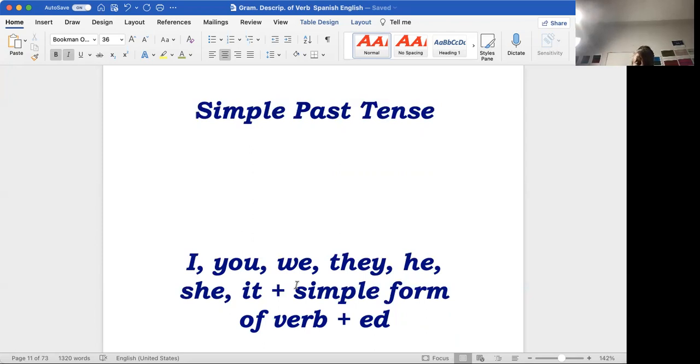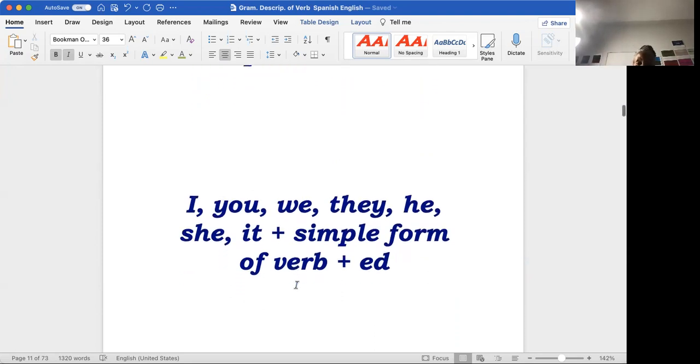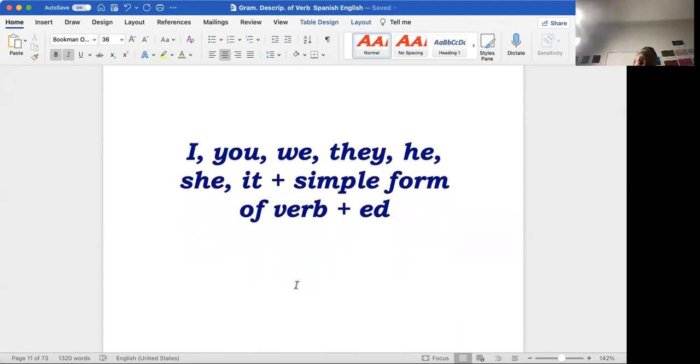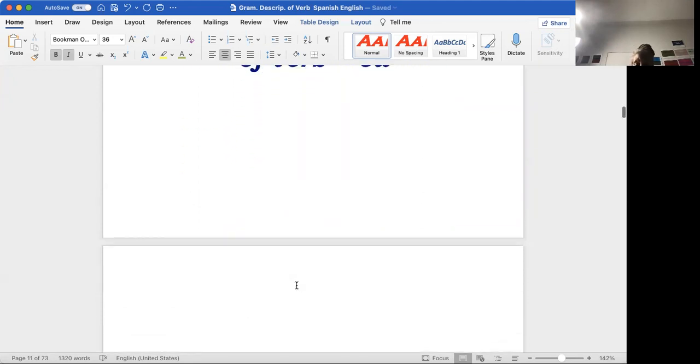When you're doing the negative, you never use anything other than the simple form. Always the simple form of the verb. And you know what the simple form of the verb is? It's further up, so you can always go back and look at it. That's the past in English. Not terribly difficult, I would say.